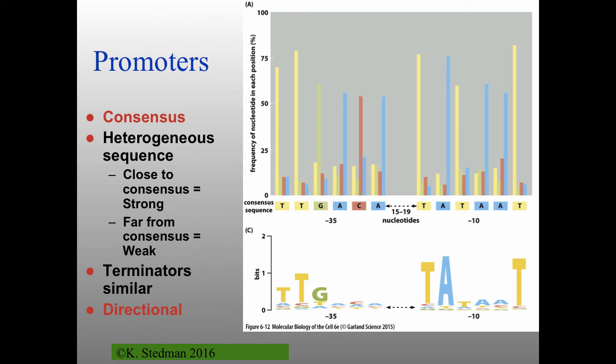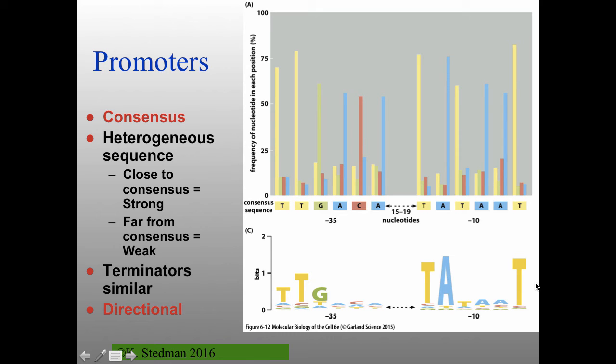This is what the sigma factor together with the RNA polymerase is going to bind to in order to get the polymerase to the right place where it can actually start. And how we know about these is by lining up lots of sequences, finding how often particular nucleotides are at any of these positions, and that generates our consensus sequence, which is also shown down here in the logo at the bottom.